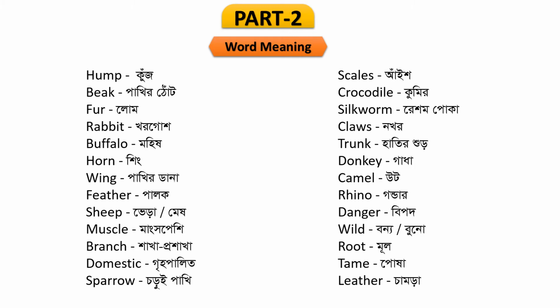Donkey means গাধা. Camel means উট. Rhino means গন্ডার. Danger means বিপদ. Wild means বন্য অথবা বুনো. Root means মূল. Tame means পোষা.